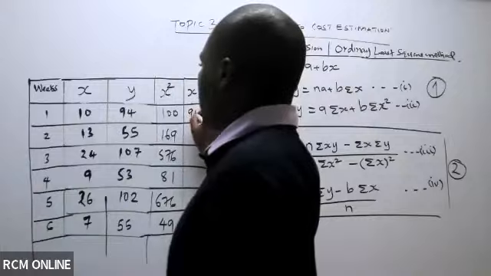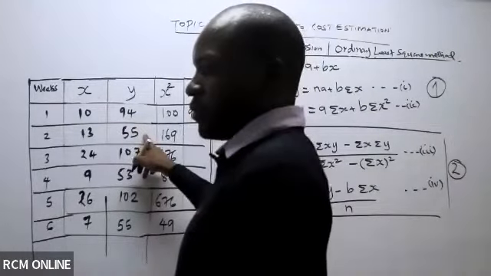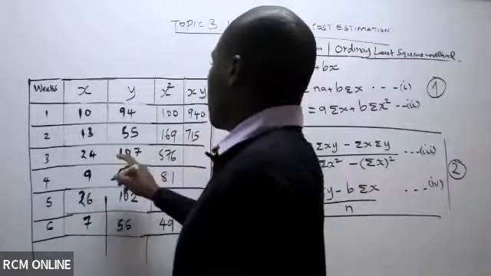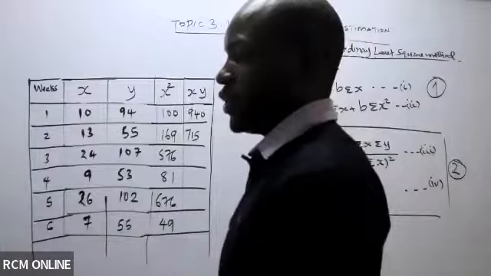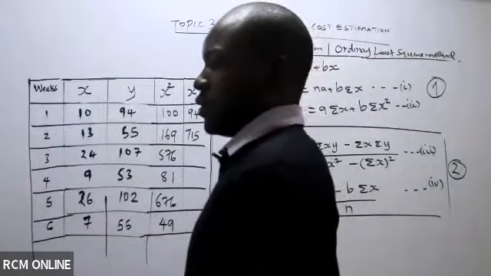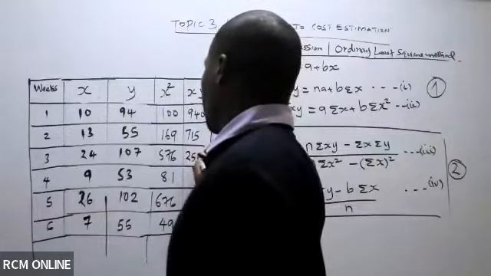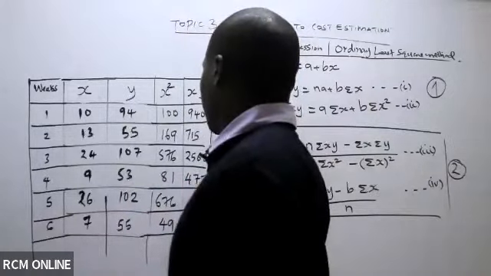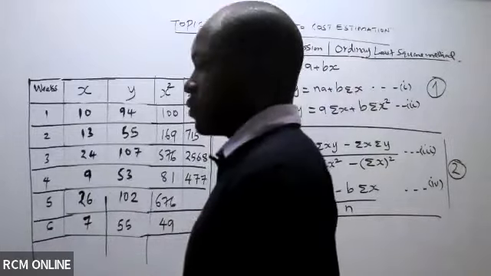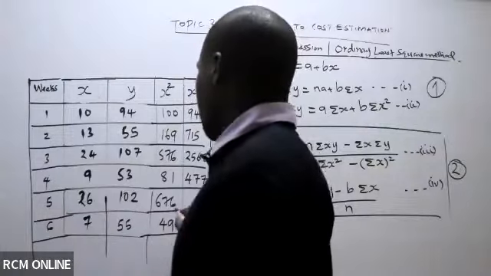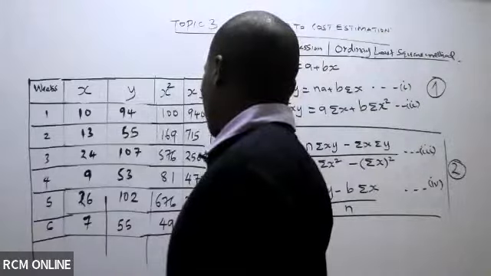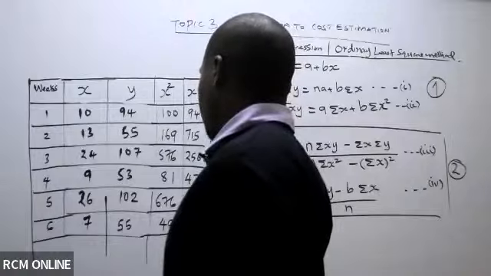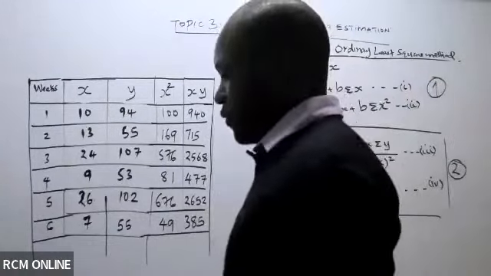So 10 by 94, 13 by 55, 24 by 107, that is 2568, 9 by 53, 26 by 102, that is 2652, 7 by 55, 385. So how do we get the summation of all that?